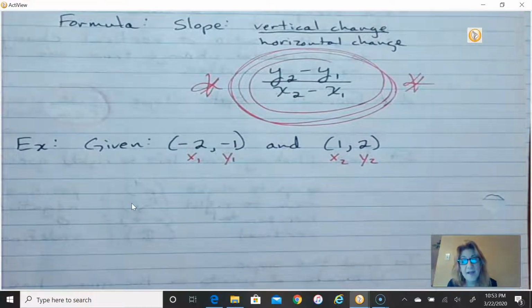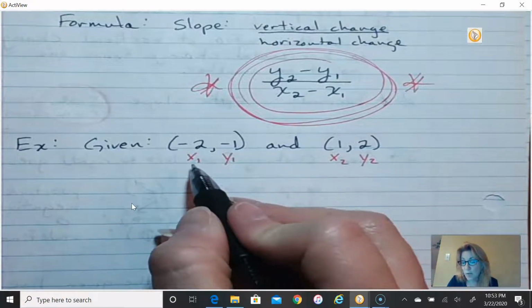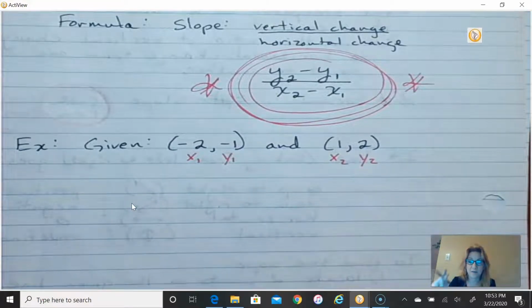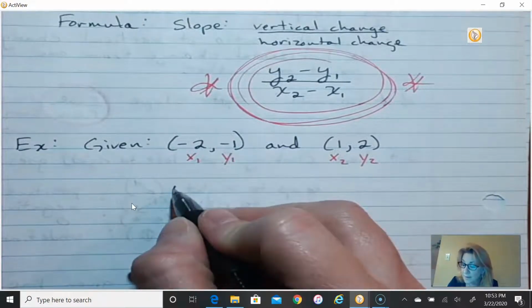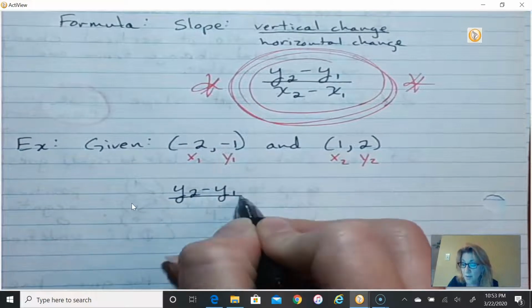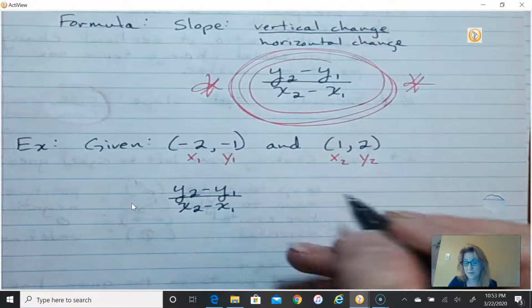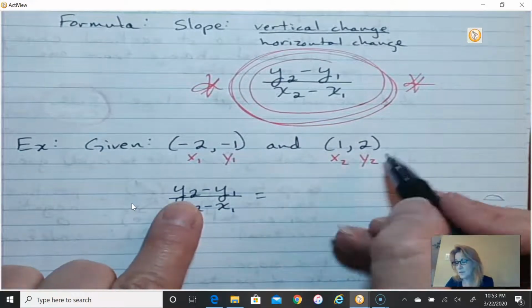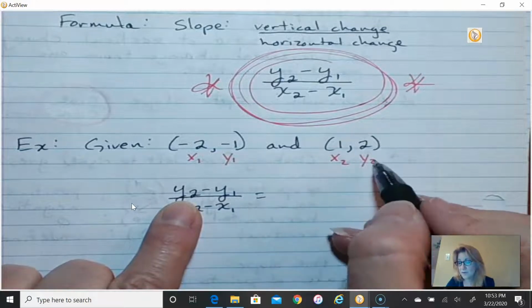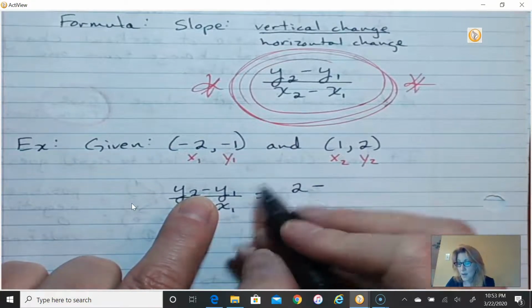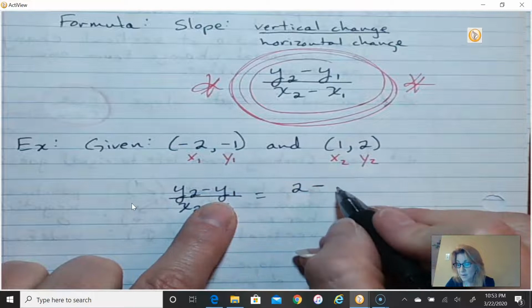I recommend every student, and I hope their parents can hear this, writing x1, y1, x2, y2 underneath every single ordered pair for these type of problems. Because, look at the formula again, you will get confused. People always do. Okay, y2 is 2. See that? y2 is 2. Always put the minus sign. y1 is negative 1.